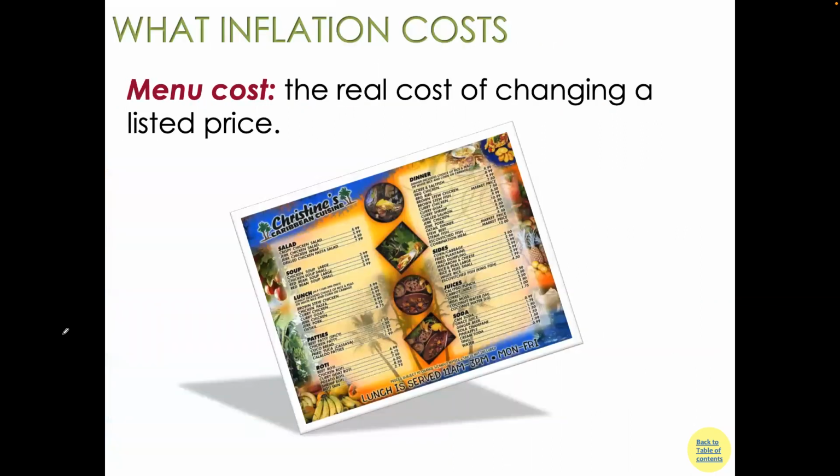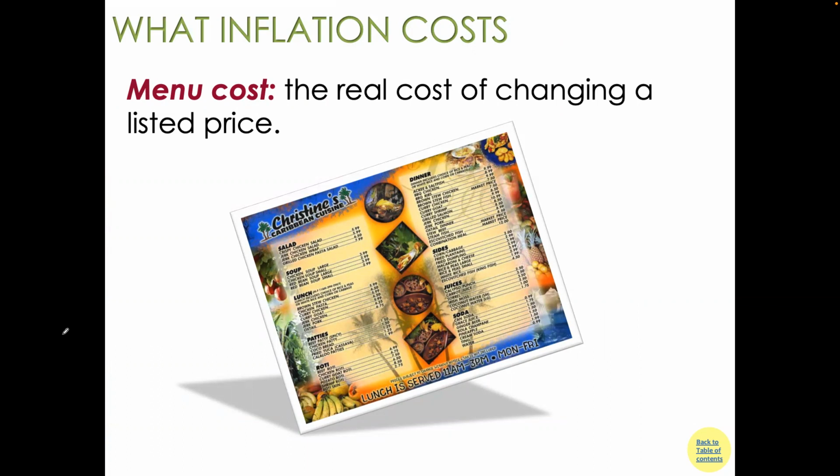The other cost is called menu cost. What's the menu cost? You go to a restaurant, usually there's a menu, right? Now, if there's inflation and the restaurant wants to break even, what must they do?